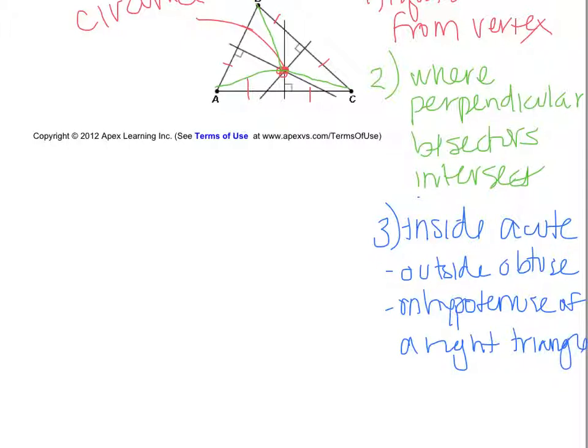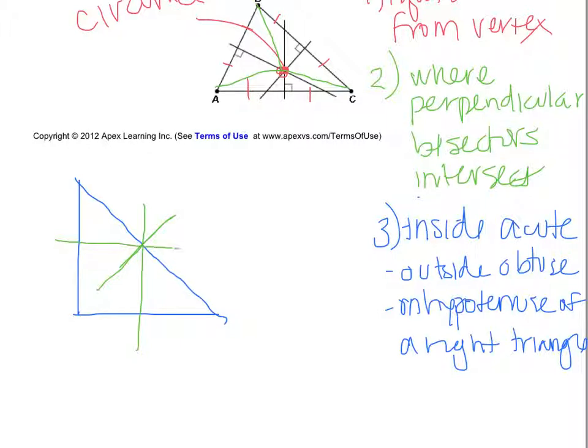So if you had a right triangle, your perpendicular bisectors would be here, here, and here. All three of these lines are perpendicular, and if you notice they all meet here. So this would be my circumcenter.